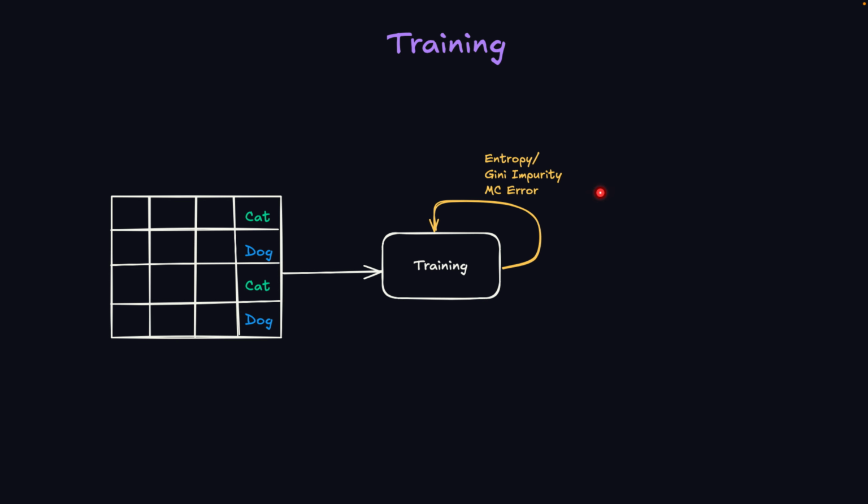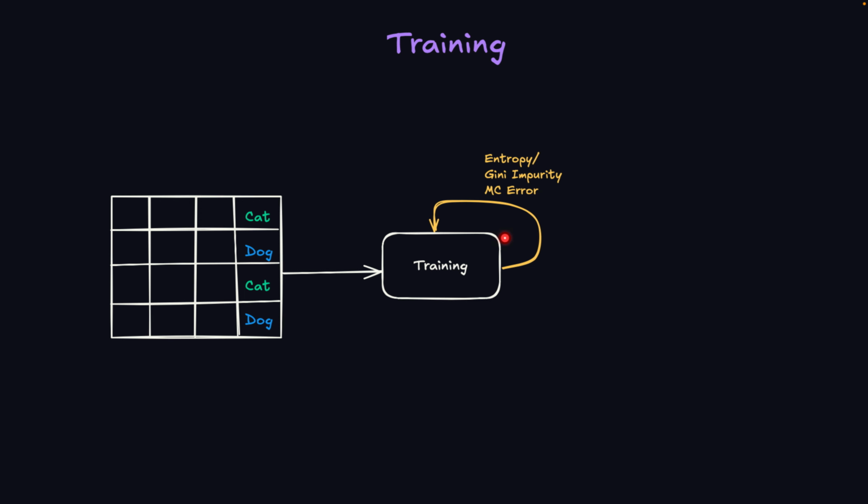Now, let's understand how training works. Because a decision tree is also created using a normal AI model training process, we'll start with data. We'll have a labeled data set, and we'll feed that to our training process. This training process has a feedback mechanism using the measures that we have seen previously. It could be entropy, Gini impurity, or misclassification error.